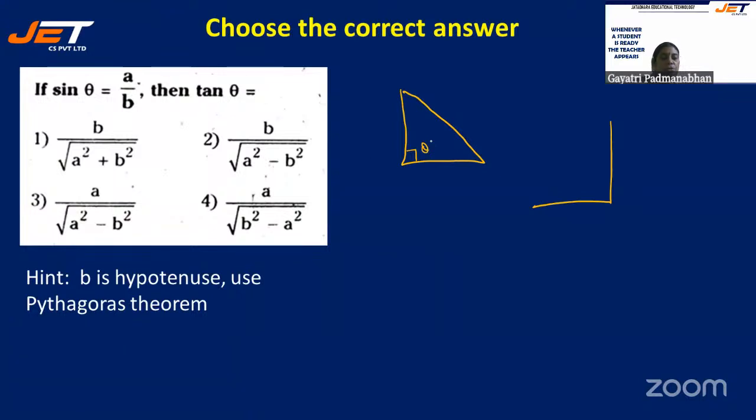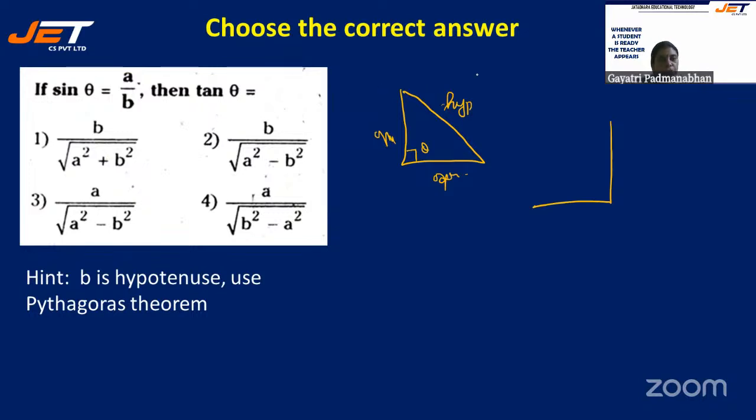Okay. So this is your hypotenuse. This is your opposite side, and this is the adjacent. Right. Now what is sine theta? Sine theta is nothing but opposite side by hypotenuse.